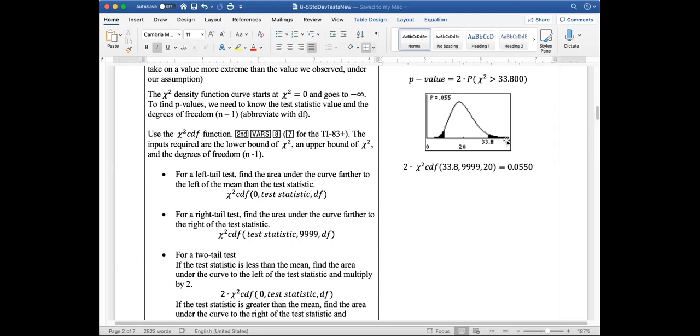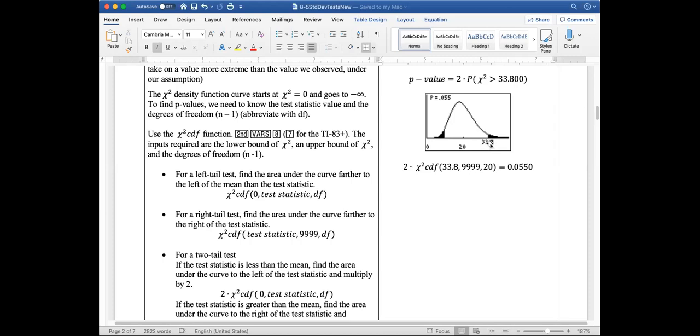Now, we have to realize, though, for tests of standard deviation, the chi-squared function doesn't have any negative values. It starts at 0. And therefore, if the test statistic is on the left and we need to find the area to the left of the test statistic, that area doesn't start until 0, and then it comes up to the test statistic value. But our test statistic is on the right.